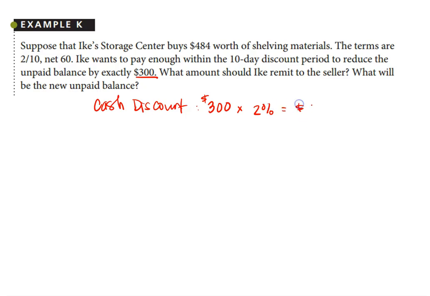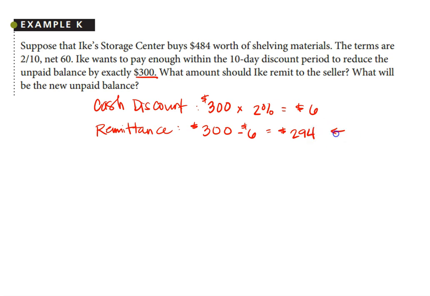This gives me a $6 cash discount. As for the remittance, this is $300 minus the $6 cash discount, which is $294.